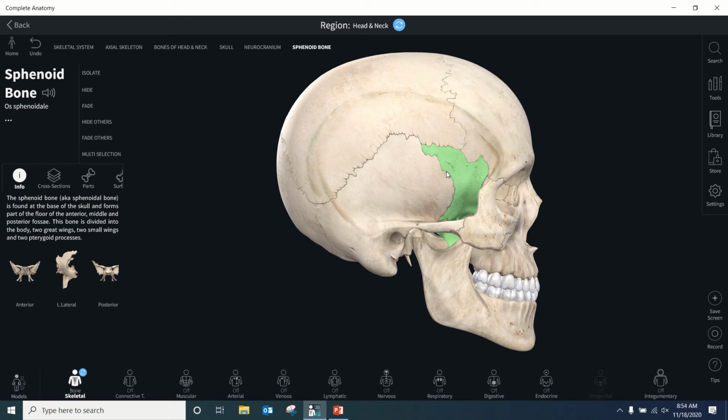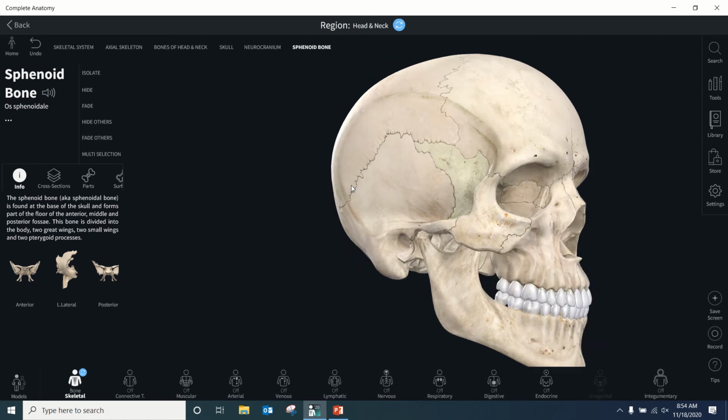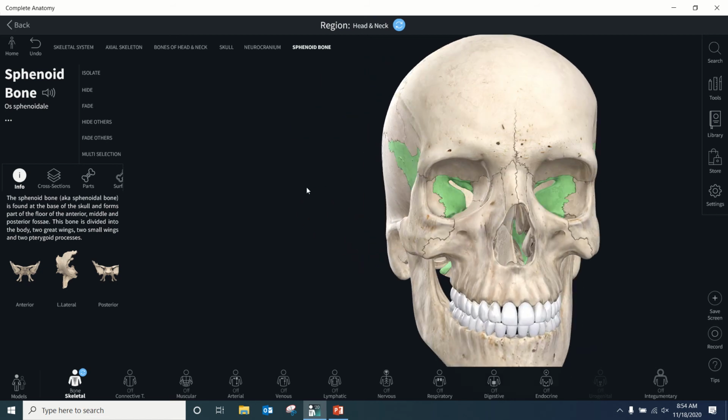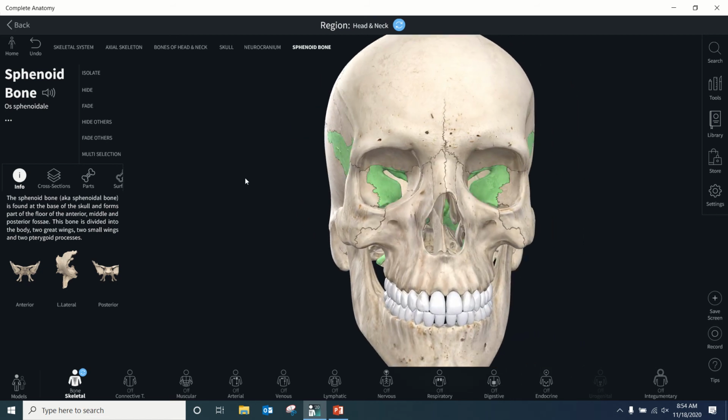But if we rotate the skull and I show you inside of his eye orbit, you can see that it makes up most of the posterior wall of the orbit of the eye. It also has several holes in it, and you can see a really obvious hole here. That's going to allow for the passage of the optic nerves from the eyeballs back to the brain. So that's an important hole.